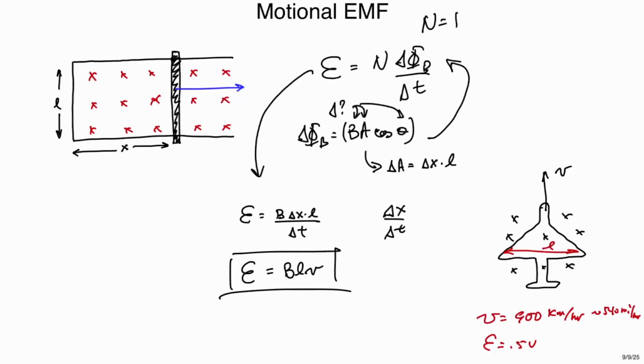So this aluminum cylinder will experience suddenly a change in magnetic flux. And according to Lenz's law, what is it going to say? It's going to say, I don't want that, okay? And it's going to generate a field that's opposite.